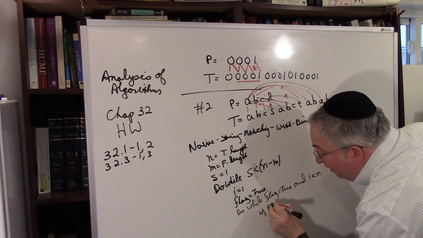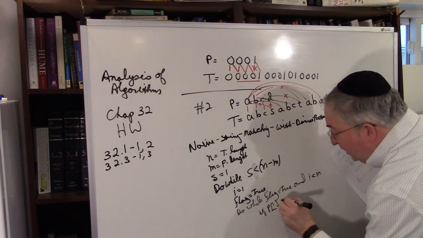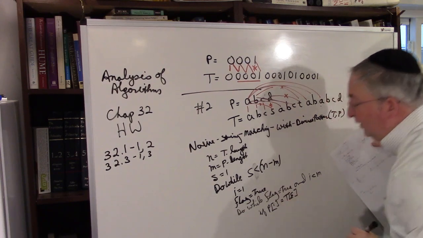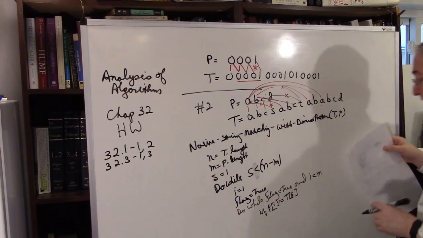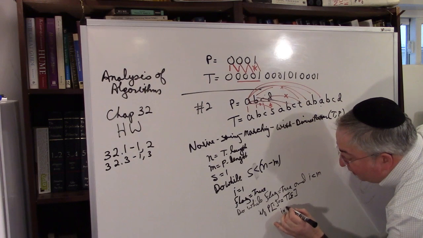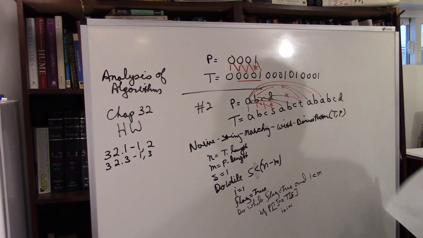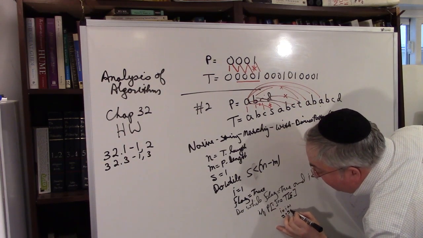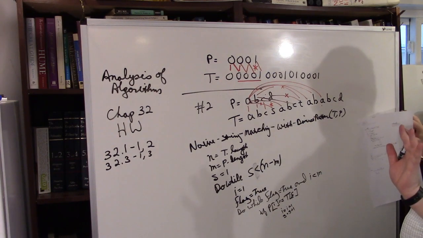If P of I, the ith position of the pattern, is equal to T of S, then increment I, in other words, go forward in the pattern, also go forward in the text, s is equal to s plus 1, and then stop.